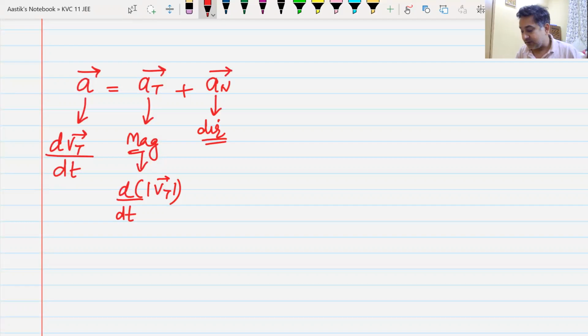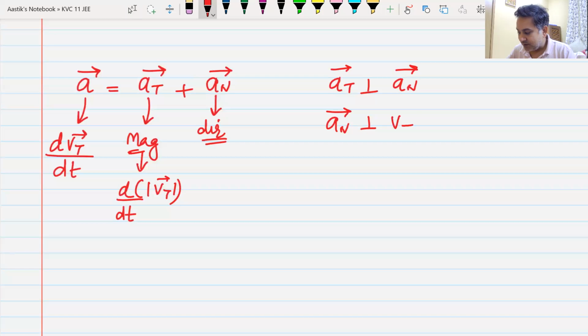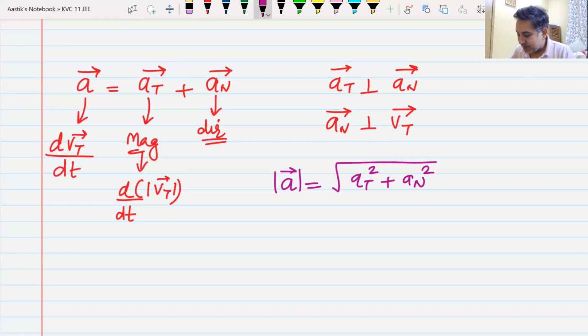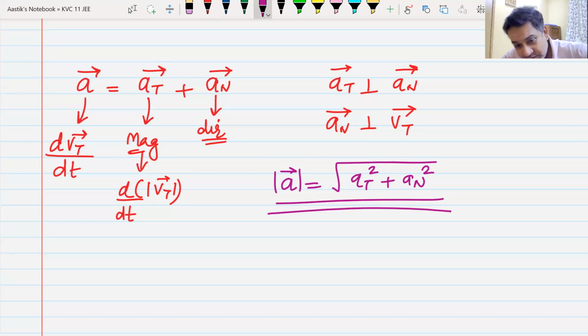They change the velocity. Both are perpendicular to each other. At is perpendicular to An, and An is perpendicular to Vt. And if someone asks me, what is the magnitude of acceleration, my dear friends? The magnitude of acceleration is equal to the square root of the magnitude of At squared plus the magnitude of An squared. I hope you will now remember it.